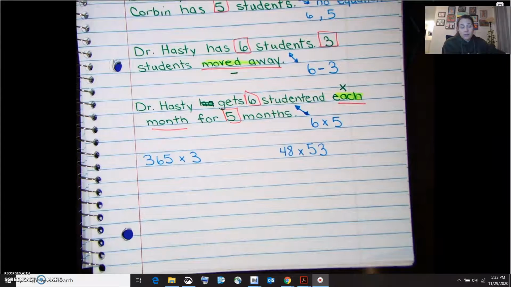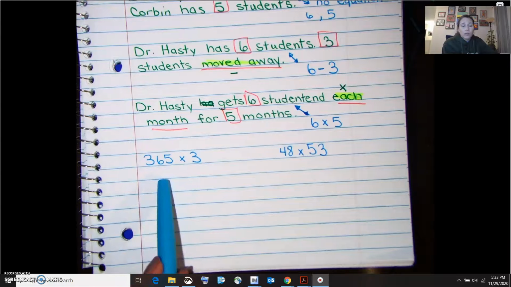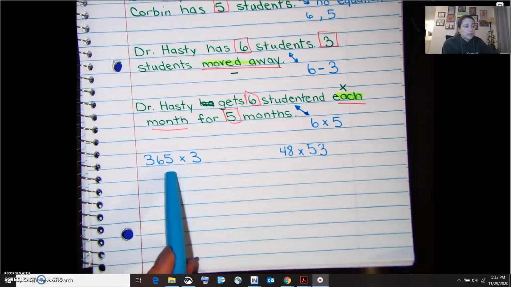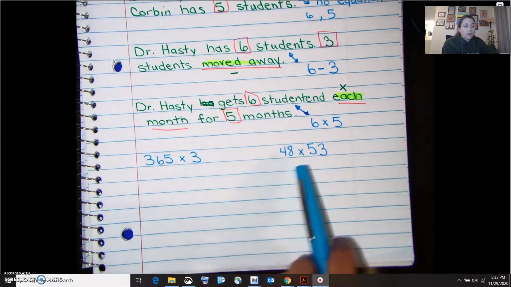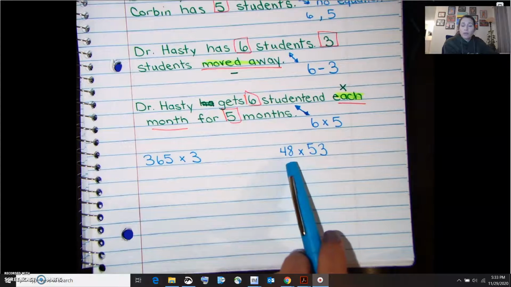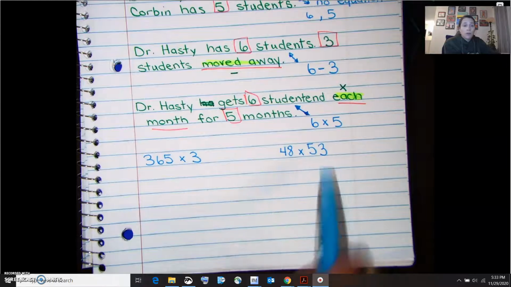So your assignment for Monday, or for math class, is to have the area model written for 365 times 3 and the area model written for 48 times 53.